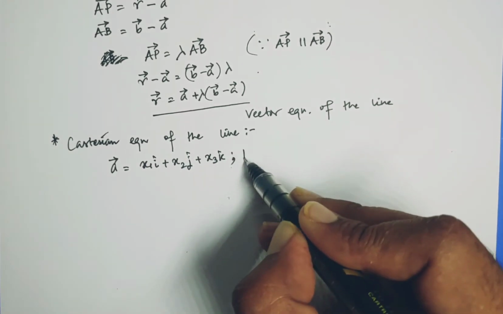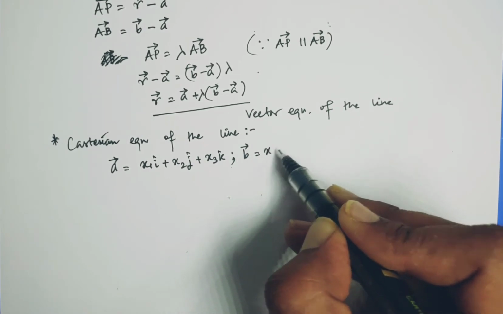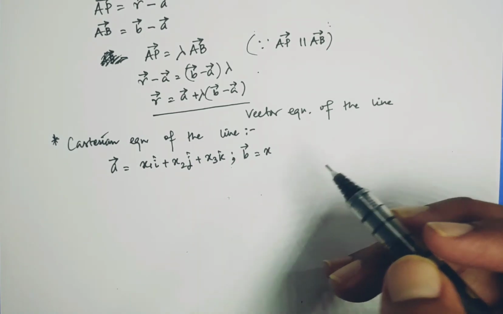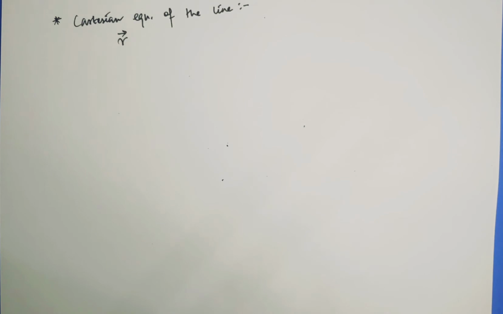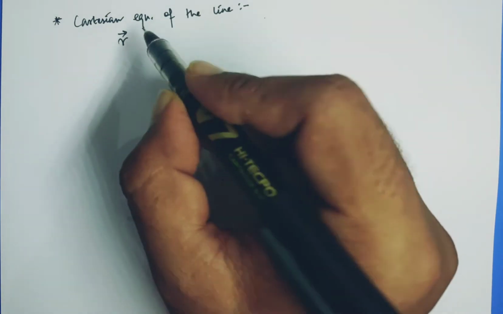Then B vector as... So first thing I need to write is what R vector is.